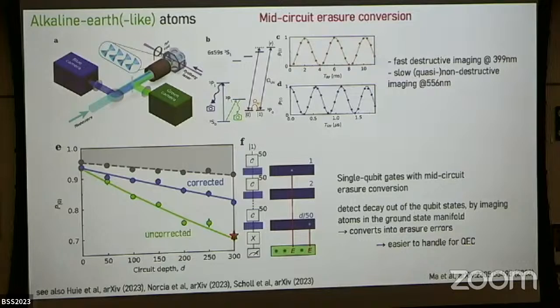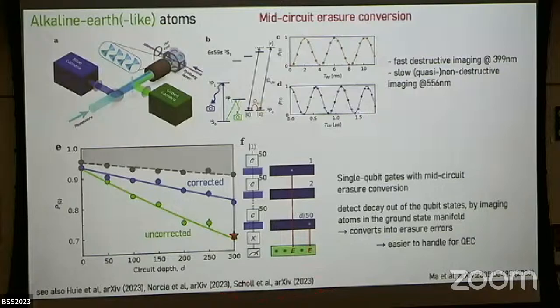I also want to mention, I wanted to talk about all these things, then I realized it was not super realistic, but there are other interesting experiments that have been done, again, using alkaline earth atoms. This first one is from Jake Covey's group at University of Illinois, Urbana-Champaign. This is from Atom Computing, a startup that uses this type of tweezer arrays with ytterbium.